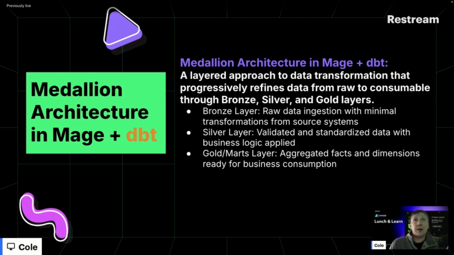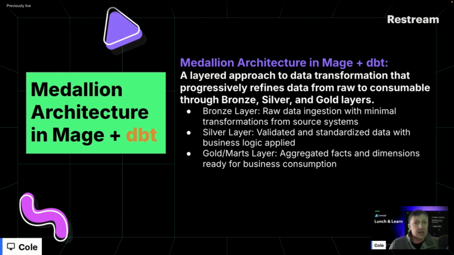So what is medallion architecture? It's a layered approach to data transformation that progressively refines data from raw to consumable through the bronze, silver, and gold layers. The bronze layer tends to hold raw data or data as close to the source data as possible.